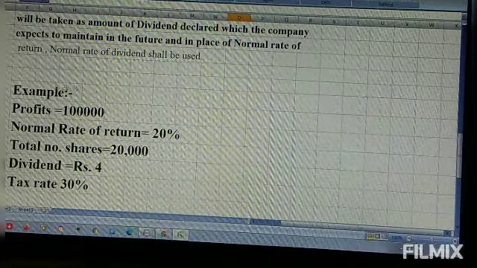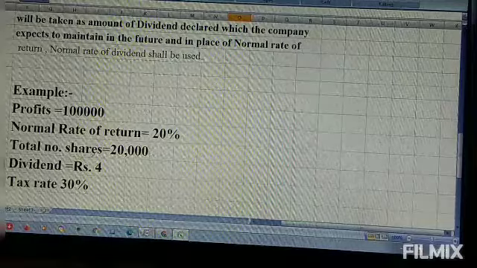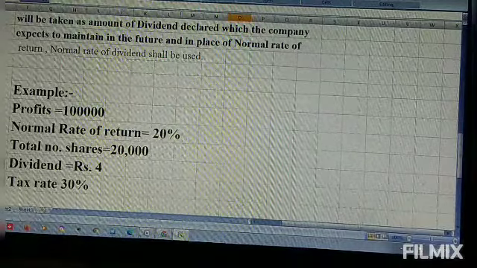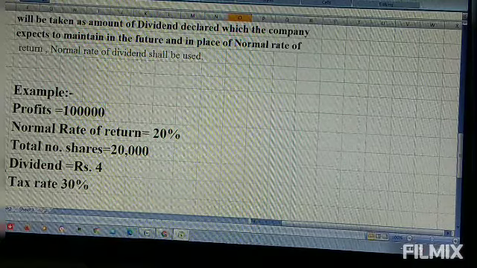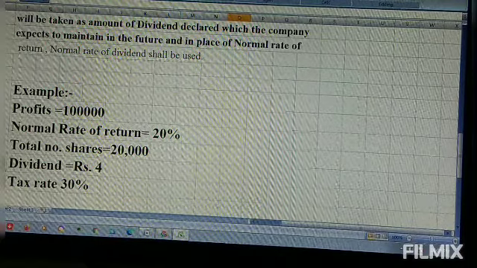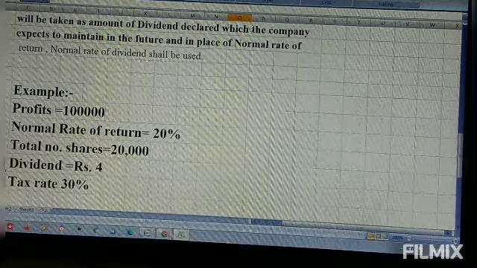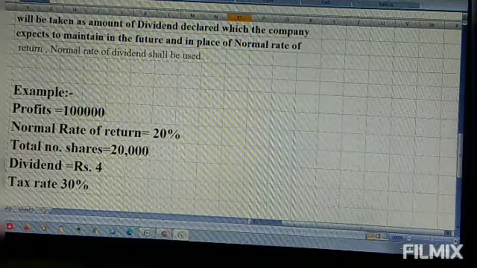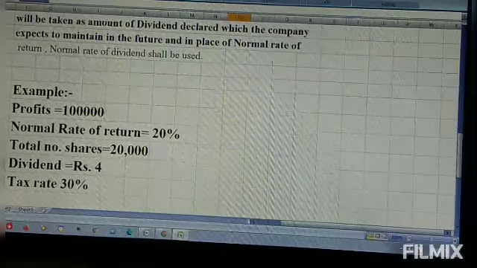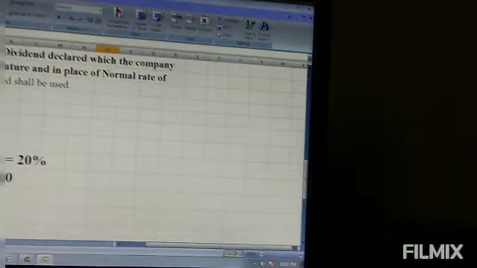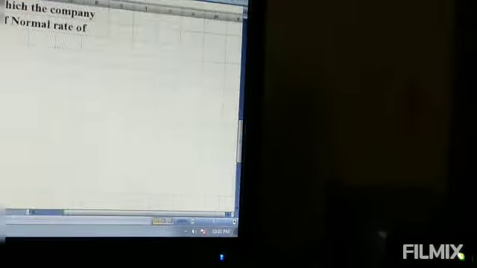With the help of only this, we have to find out the value of a share using the yield method, that is earning per share, and earning using the IRR method, internal rate of return method. We have to calculate the value of the shares. I hope you understood the problem.